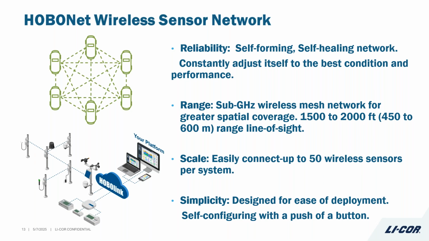One of those RX stations that we went over at the beginning, our wireless or our cellular stations can hook up to 50 wireless sensors per system. So that's an incredible amount of data that you can take in using these wireless sensors. And it's very simple. You can deploy these really easy. You're really just pushing a button on this, connecting it up to the station, and you're off and ready to go.